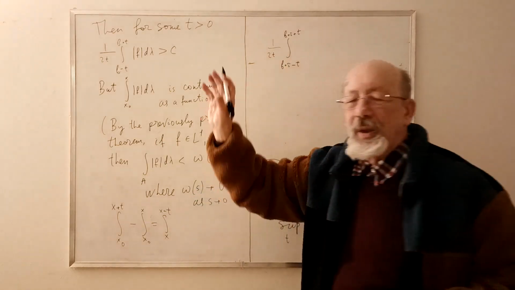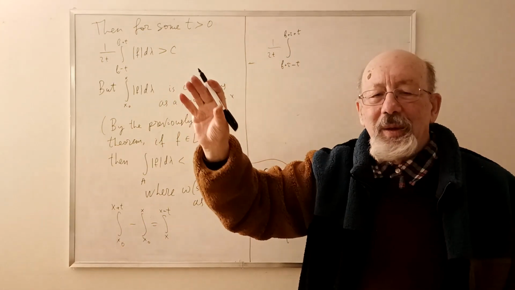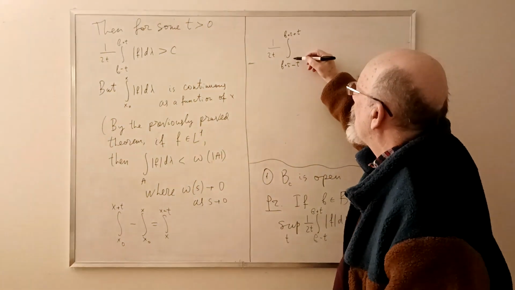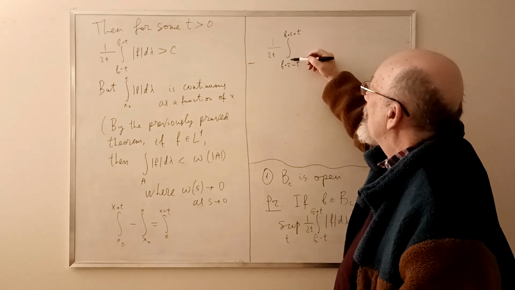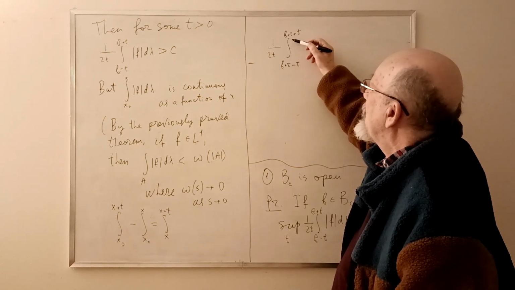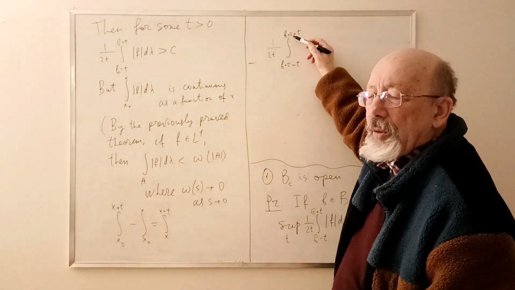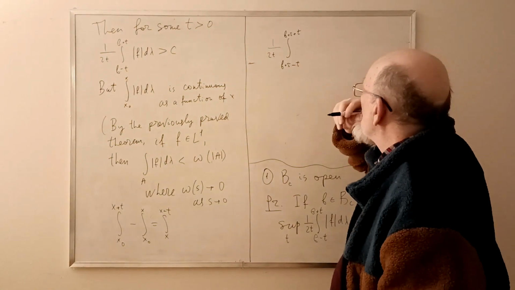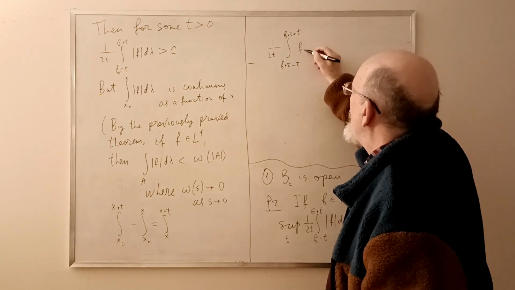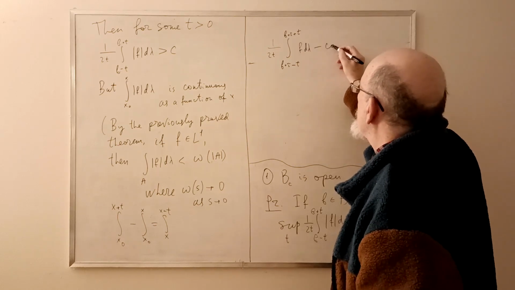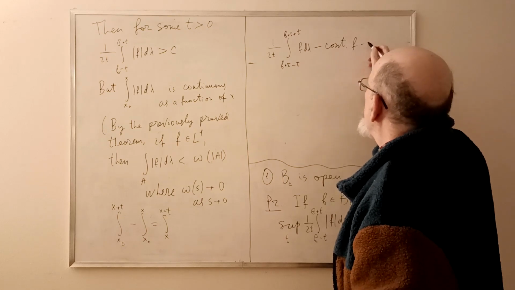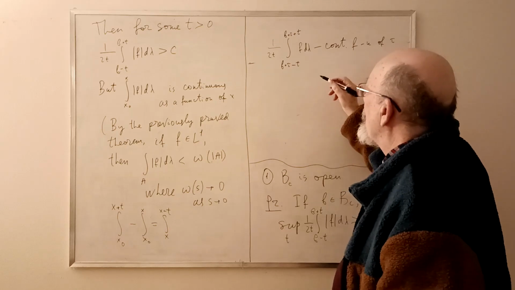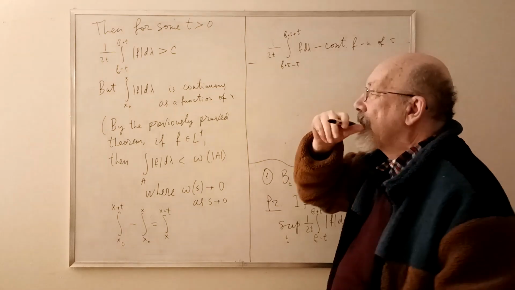So I shifted this integral by tau, small tau, and because this is a continuous function of tau, and for tau equals 0 it is more than c, the integral of f d lambda is a continuous function of tau.